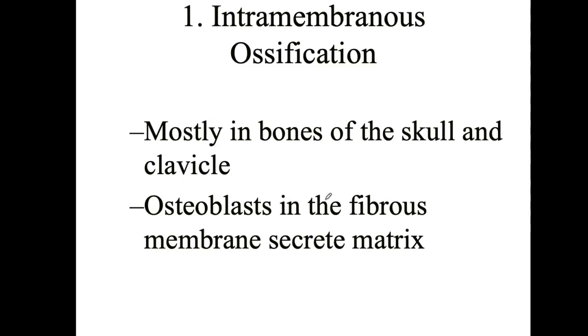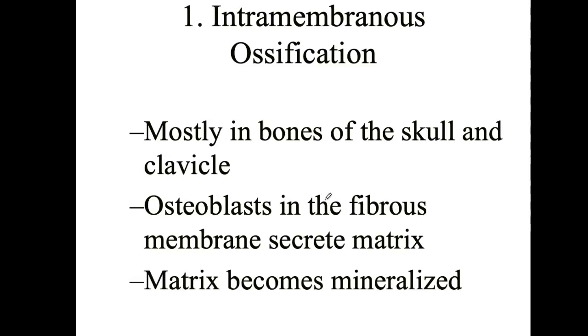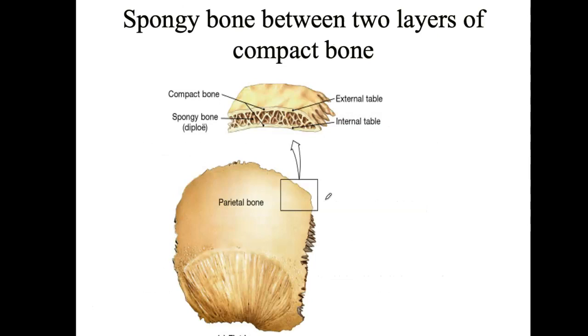Remember, the matrix is everything that's going to harden around those cells. The matrix becomes mineralized, so just think you have these specialized cells, they're sitting there, they can divide, and then they're able to secrete all this hardening material that's going to make bone around these cells that are going to become osteocytes, right? They also form that spongy bone between the 2 layers of the compact bone.